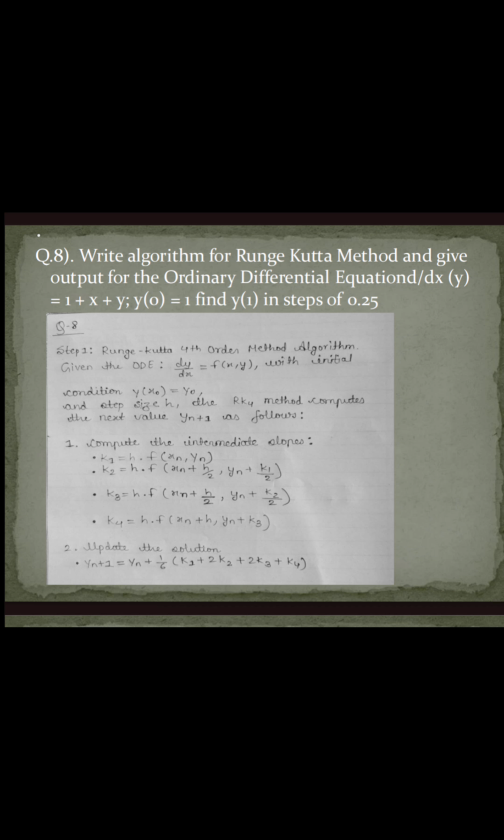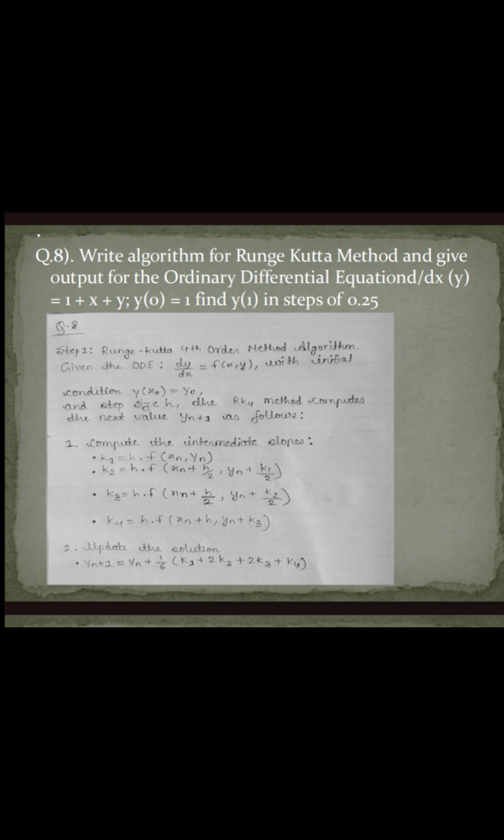Given dy/dx equals f(x, y) with initial condition y(x0) equals y0 and step size h. The RK4 method computes the next value y(n+1) as follows.